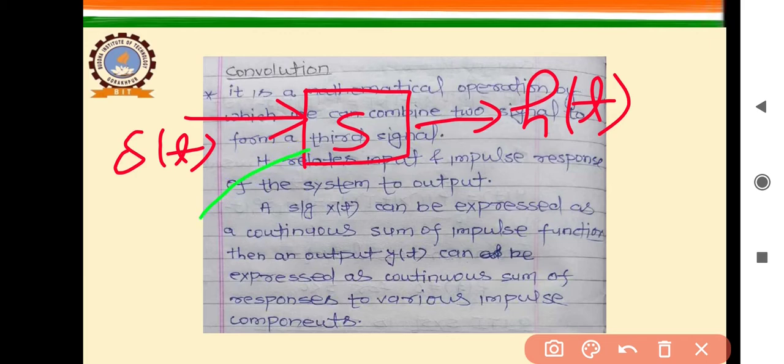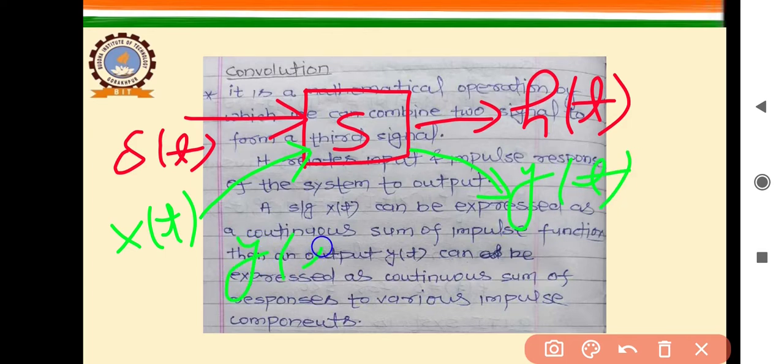So if x of t is given as input in the same system, then output y of t will be equal to x of t convolution with h of t. So if the impulse response of the system is known, then we can find out the output for any given input by convolving the input and impulse response of the system.